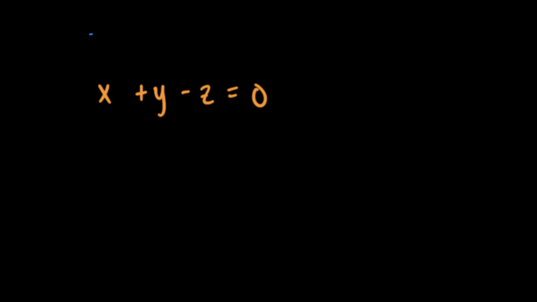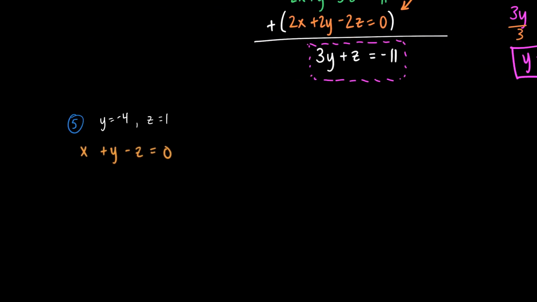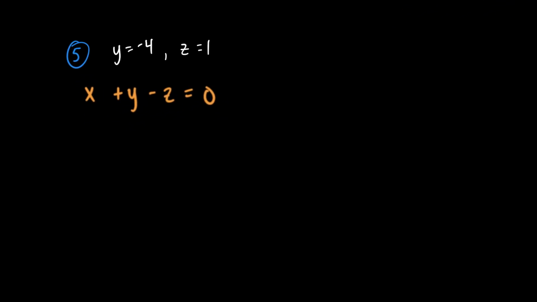All right, so here's step 5. We'll remember that y is negative 4 and z is 1. Right? I'm not crazy, am I? Okay, cool. I forget things like that very easily. For the orange, we're putting in x plus y, where y is negative 4, minus z, where z is 1, and that's supposedly equal to 0.